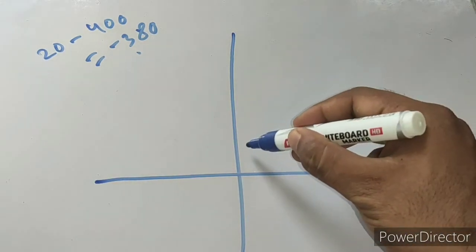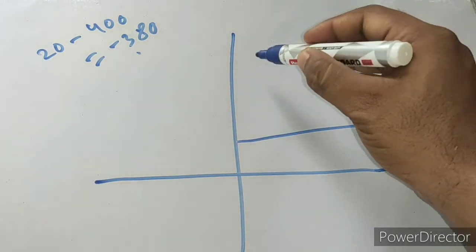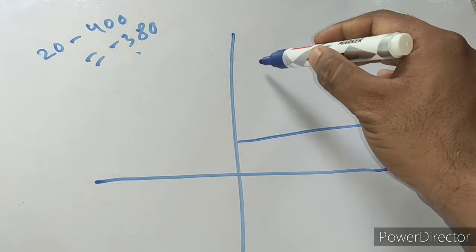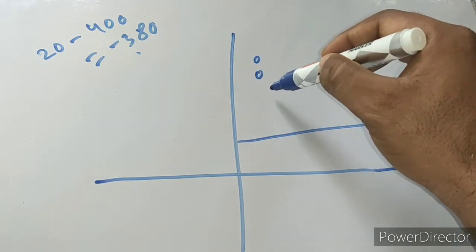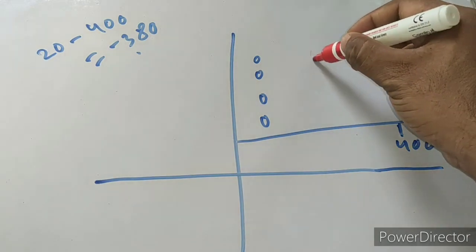So suppose this is the line, this is the linearly separable line. Here 400 is present, and the distance of 400 is negative 2. Some other lines are present the way I have drawn earlier.